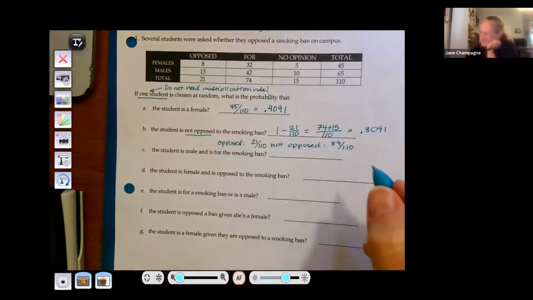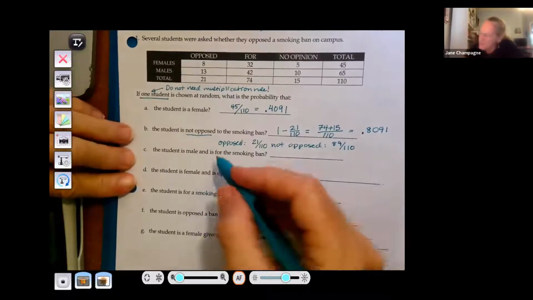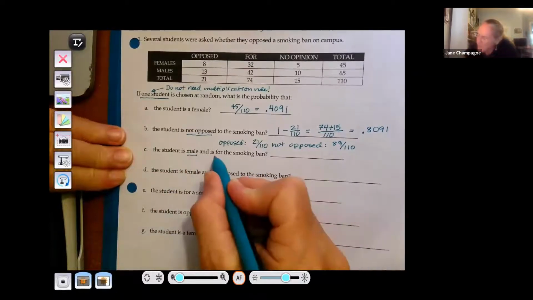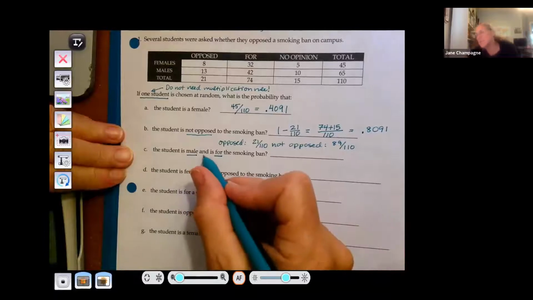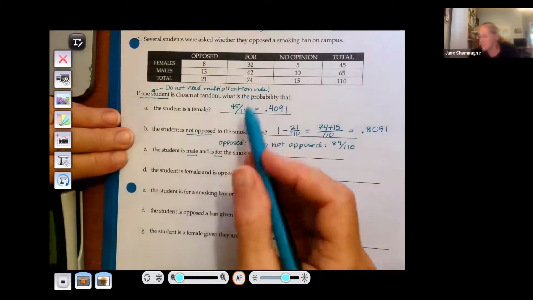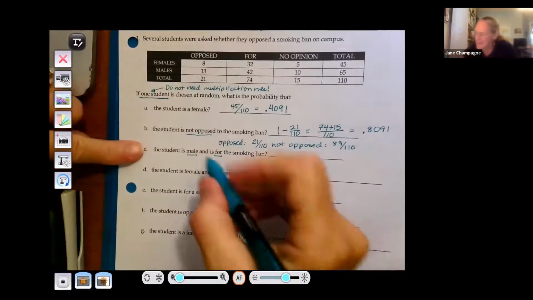All right, next one. What is the probability the student is male and is for the smoking ban? Right, this is an and question, but again, we don't want to use the multiplication rule for this situation. This is not an and then type of situation. This is an at the same time.